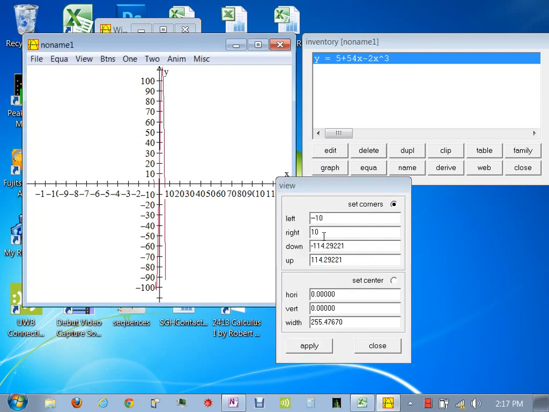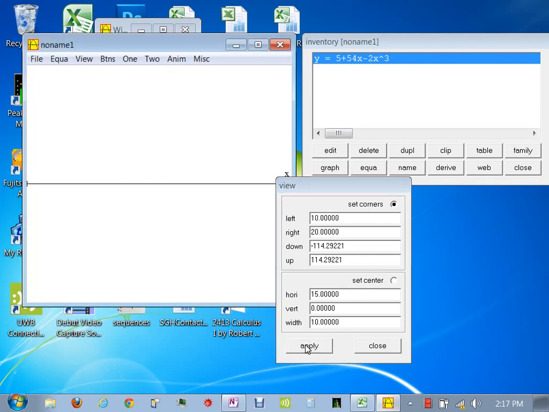What the hell? I'm not sure what happened here. Let's do this. Hold on. I'm going to set center. Horizontal, 15.